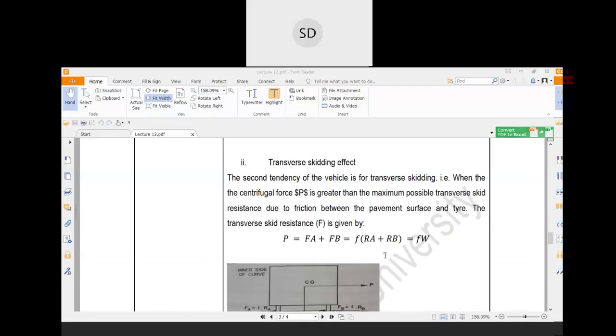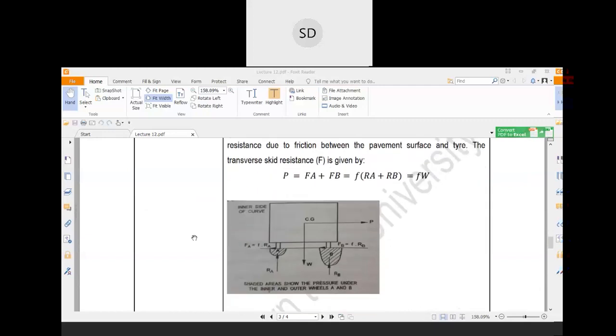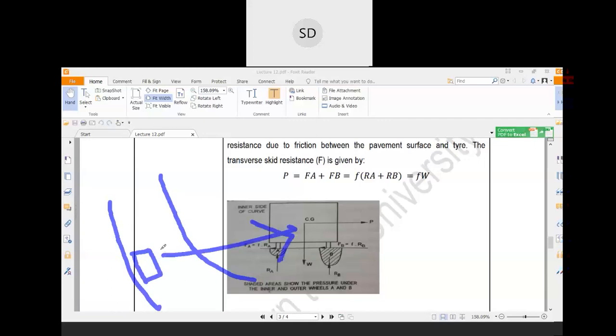Now another thing is called transverse skidding effect. Transverse skidding effect means the vehicle will skid in the outward direction, in the direction of the action of the centrifugal force. Suppose the vehicle is situated over there; because of the transverse skidding effect, this vehicle will skid over here.